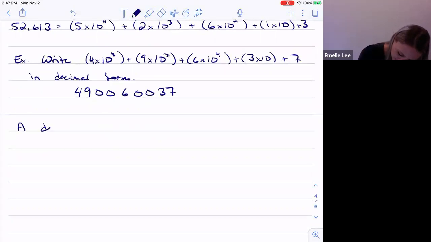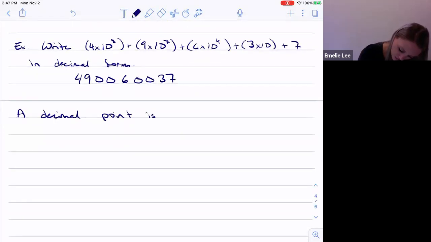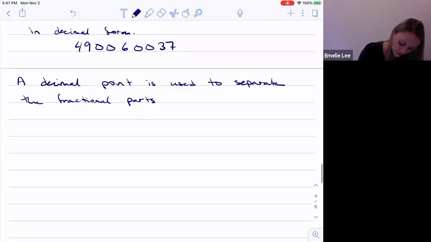So a decimal point is used to separate the fractional parts from the whole parts.